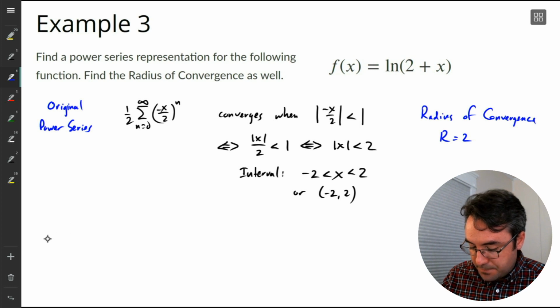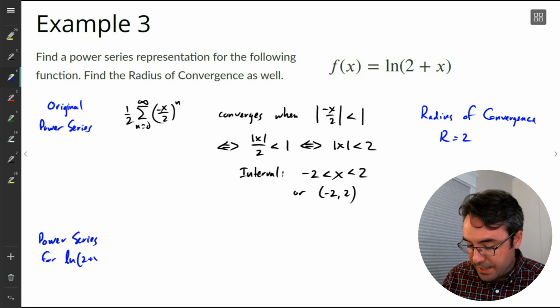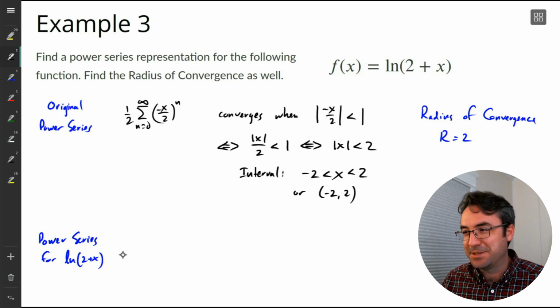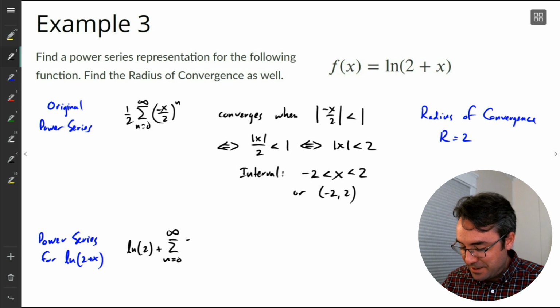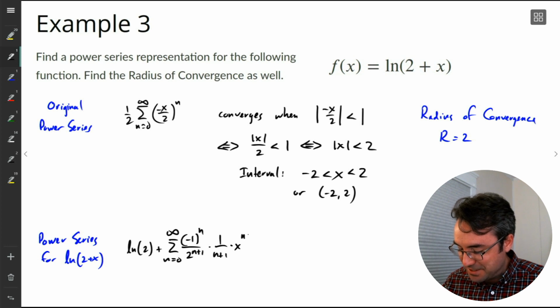So our power series for ln of 2 plus x, and what was that? Test my memory here. Natural log 2 plus the sum from n equals 0 to infinity of -1 raised to the n over 2 to the n plus 1 times 1 over n plus 1 times x raised to the n plus 1.